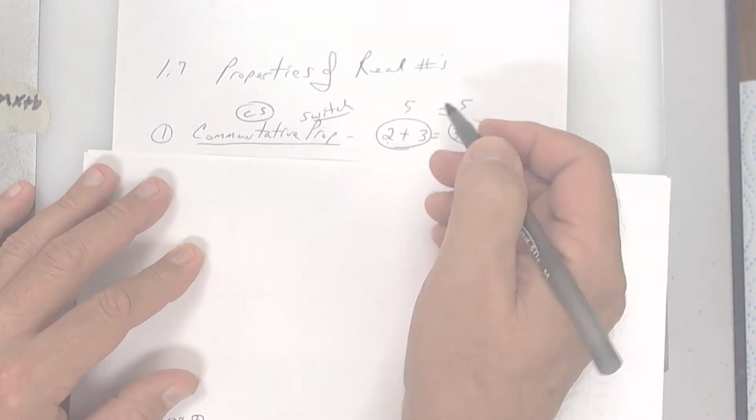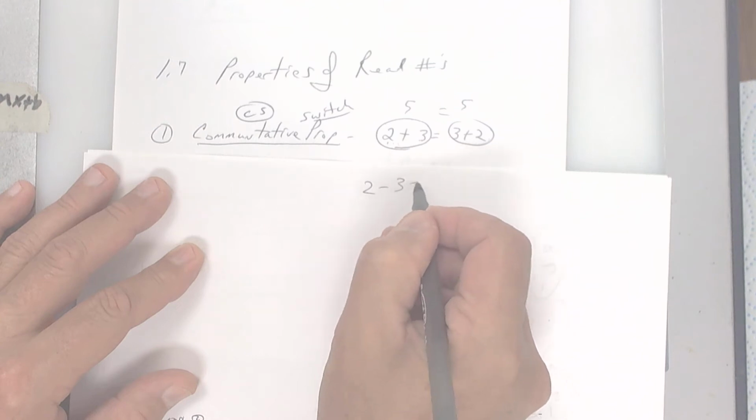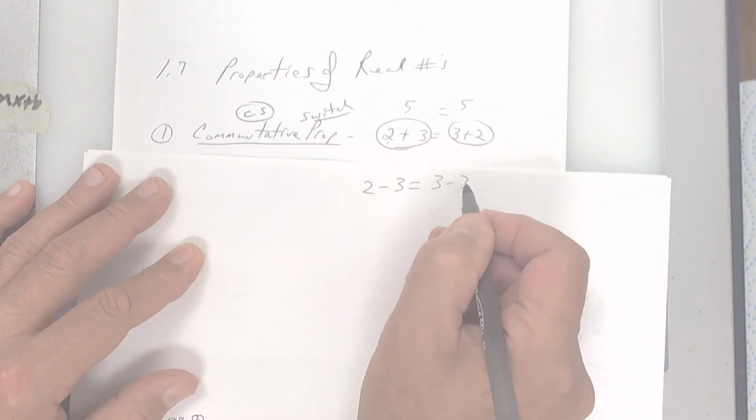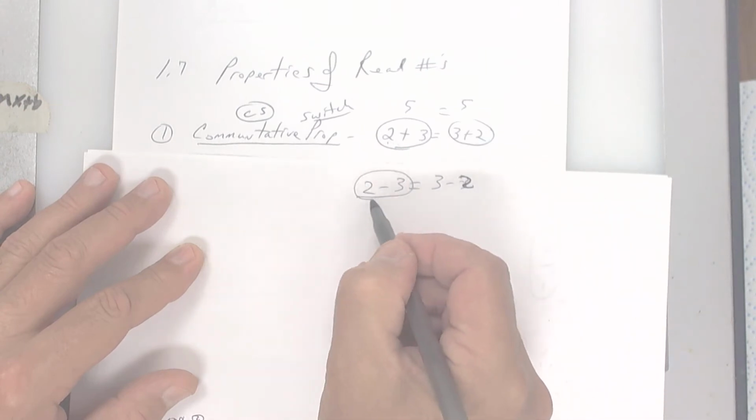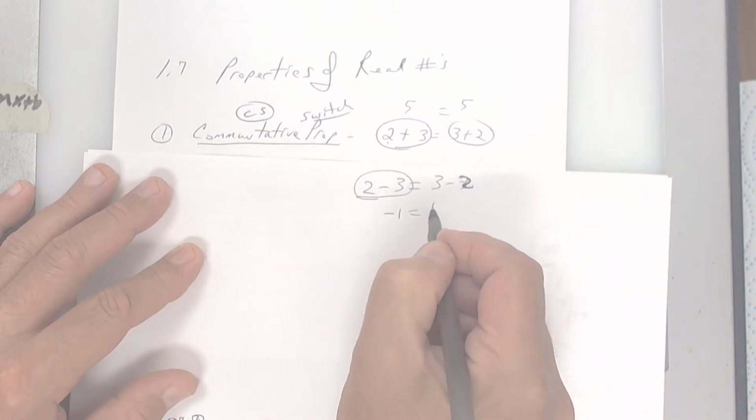So it works. But if you do subtraction, it doesn't work. And the reason why is because of this. This gives you a negative 1, and this gives you a positive 1.